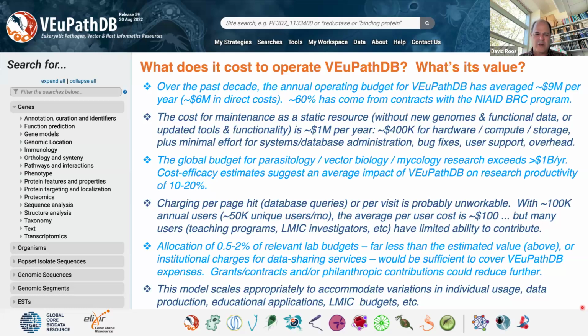Certainly, the scores of individuals who work on this project are well-trained informatics staff and will have no difficulty finding other jobs. I should say that neither the reviewers nor the Global Biodata Coalition feels that is likely. And as I've mentioned, both of these BRCs have indicated that it was never their intention to replace VEuPathDB. They viewed their proposals as complementary to existing resources.